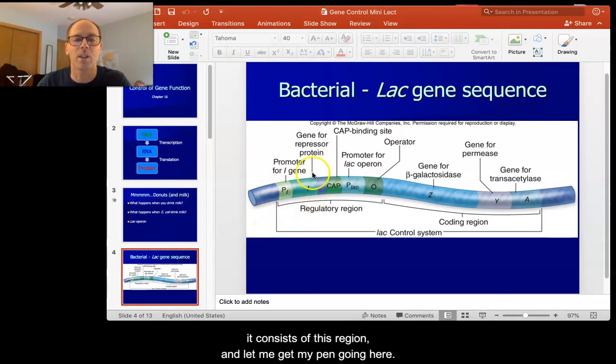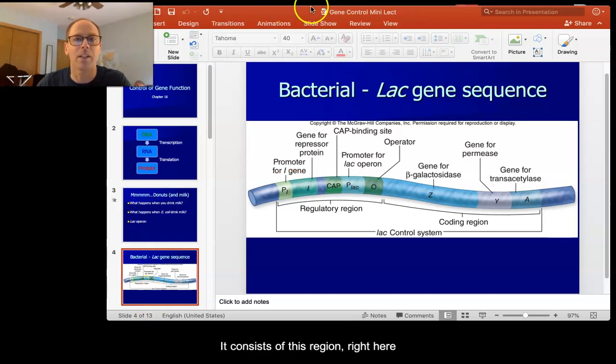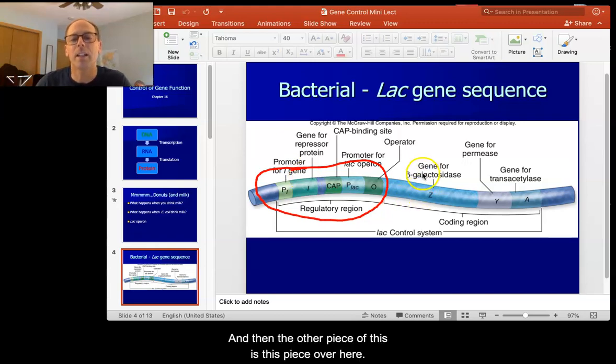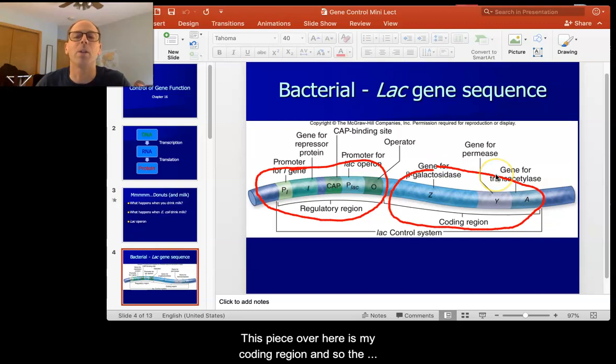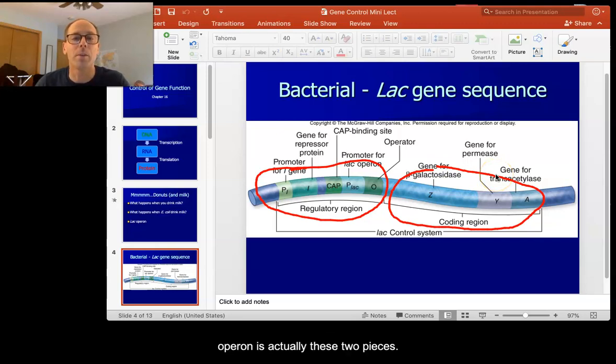It consists of this region right here, which is called the regulatory region. And then the other piece of this is this piece over here, which is my coding region. And so the operon is actually these two pieces.